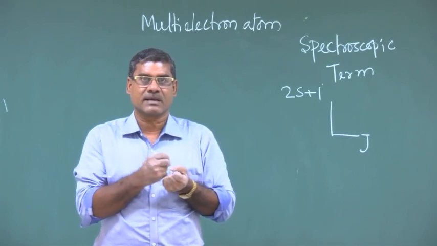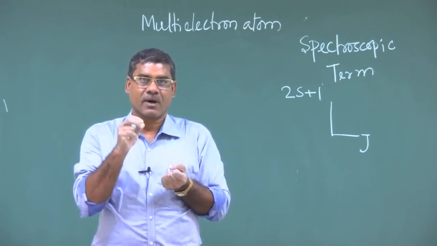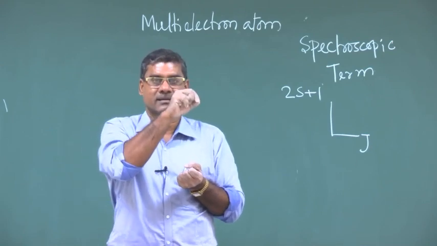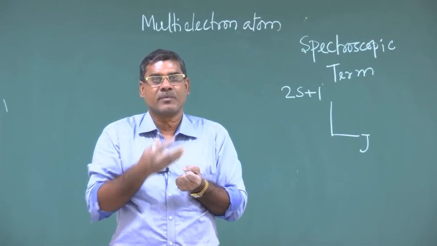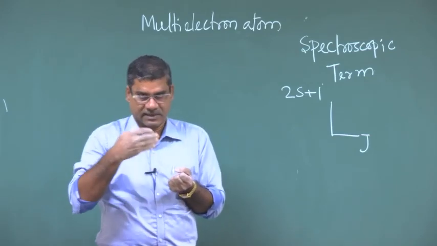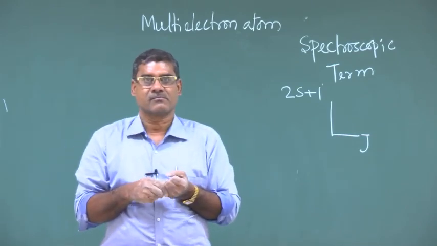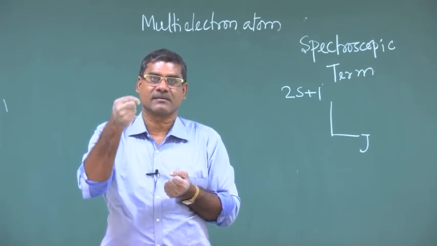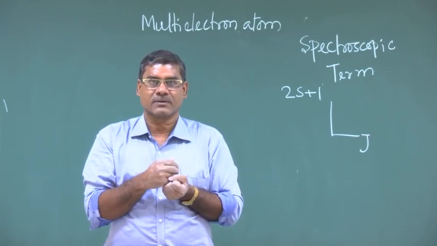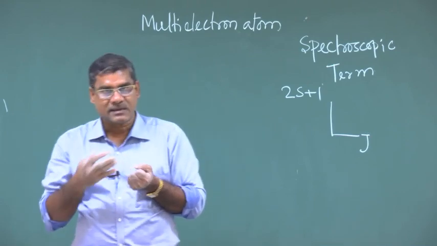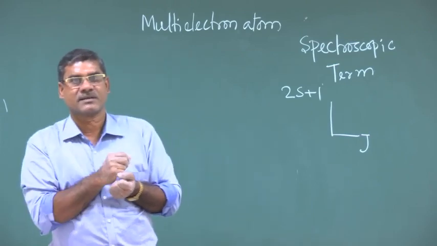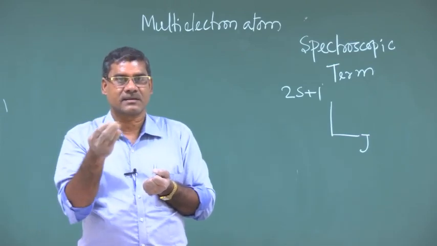Means if 2 electrons are there, 1 electron is at a particular state, another electron is at another state. The resultant state will be the state of the atom. So, instead of saying that the electron is at the minimum energy level, in case of a multi-electron atom, or in general, we can say the atom is in the lowest energy state or an excited state, etcetera.